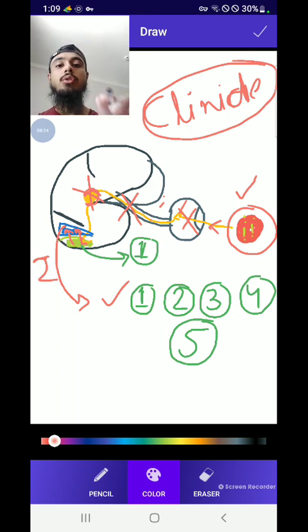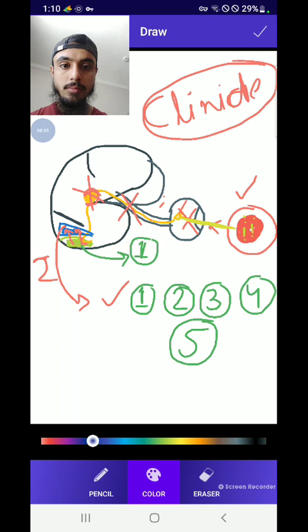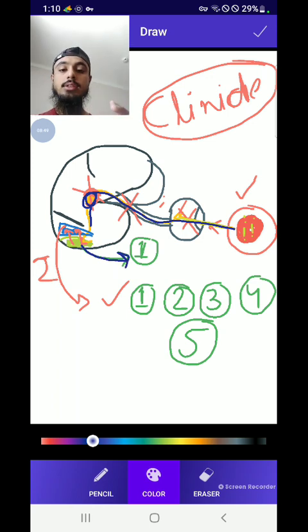If this pathway, which I drew in black color, is not damaged, and the primary visual cortex is also not damaged, then the patient sees the object.